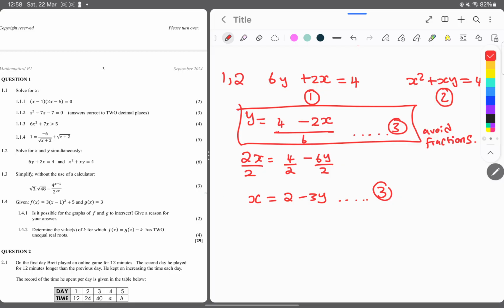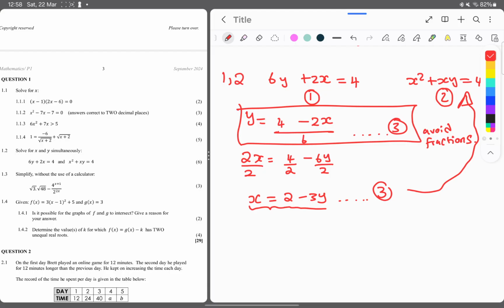Now, what do we mean by that? We mean that the equation where you have the subject of the formula must be substituted into equation 2, which is right there. Don't substitute 3 in 1, because you will be substituting 1 in 1. So always use the one that you haven't used yet.